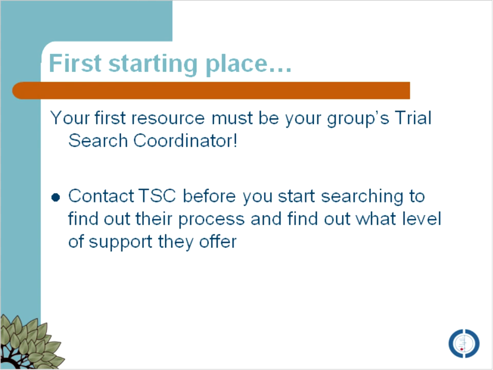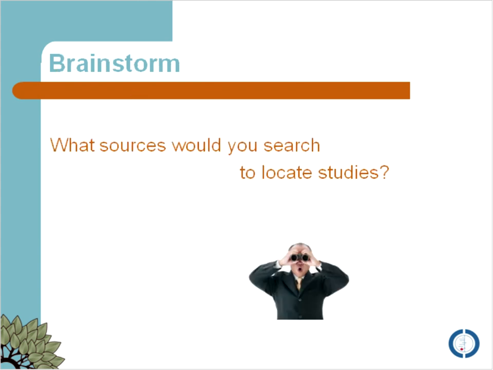You may have other trial search coordinators, depending on if they're full-time or part-time, who may not be able to provide that same level of support. You work that out, and in cases where you don't have the availability of a trial search coordinator, you can certainly seek out a local medical librarian to help you in this process. But you do need to talk to your trial search coordinator first before you do any searching.